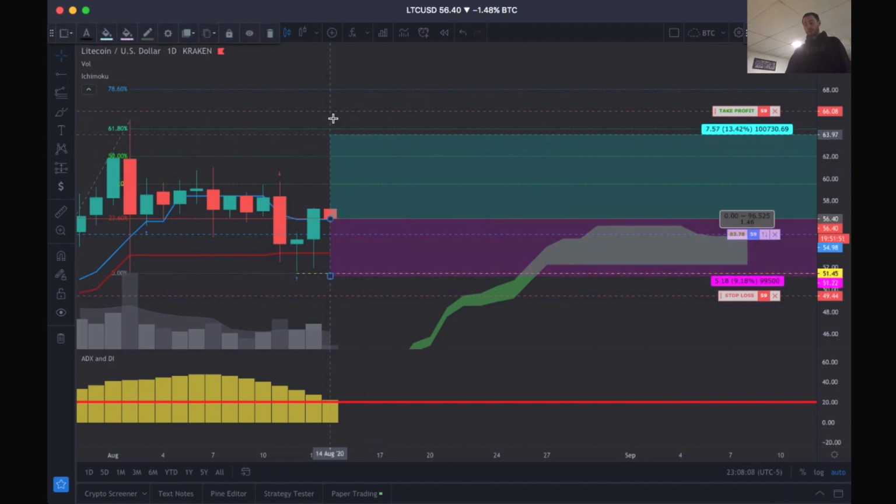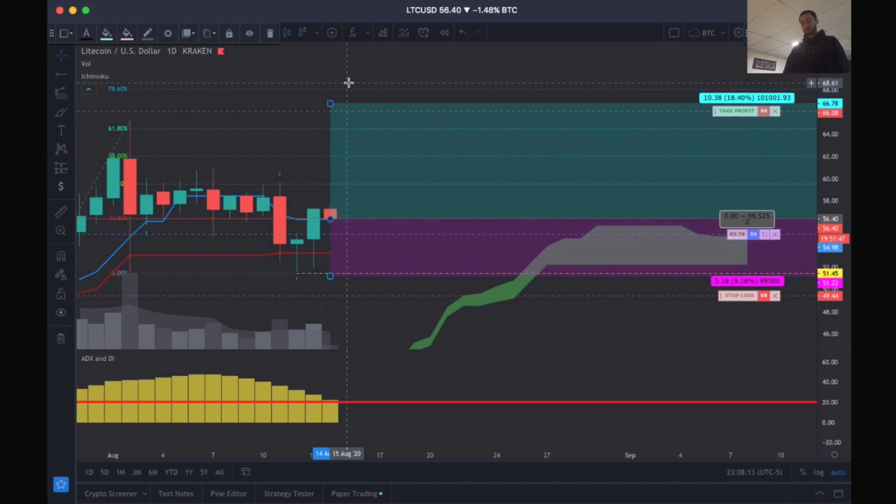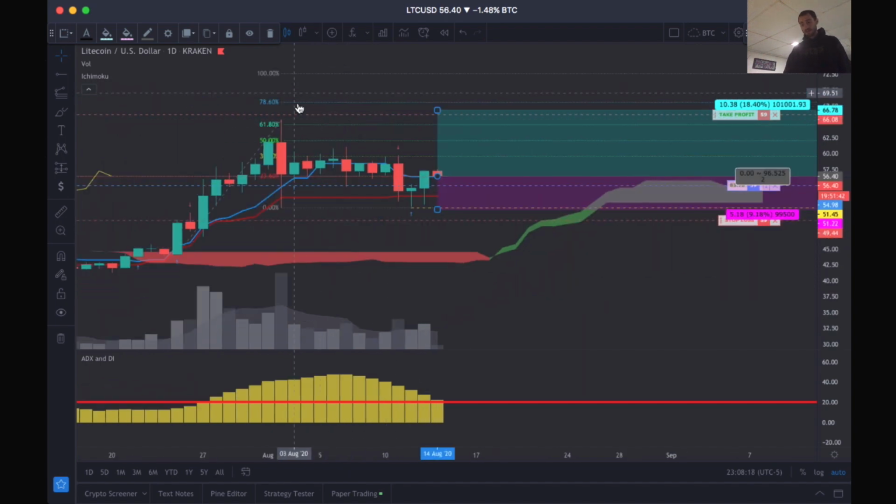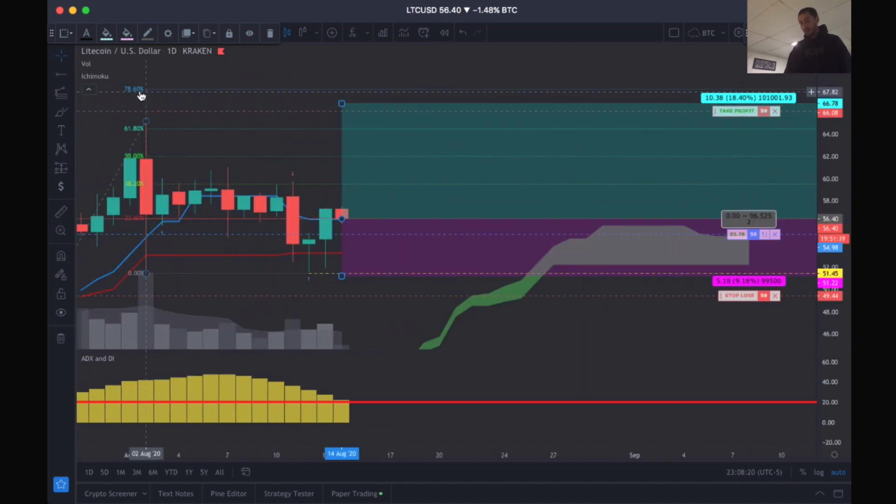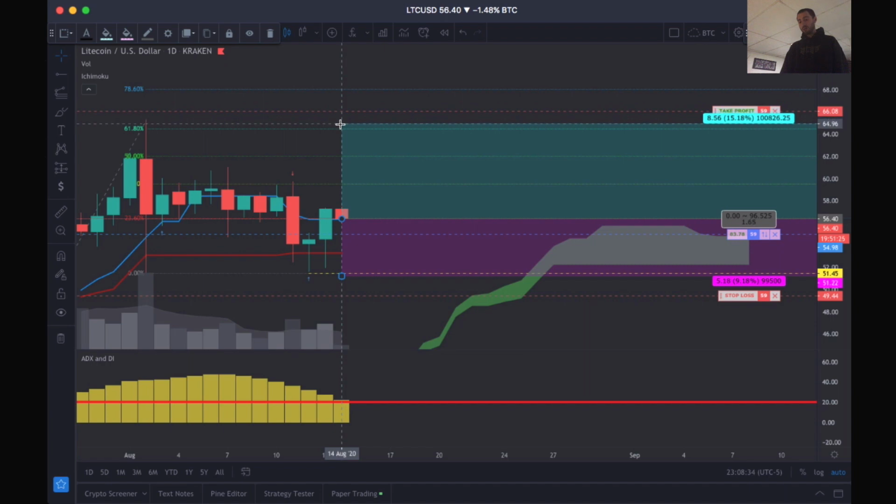So then I'm going to grab this and bring it right up to 2. And what's interesting is I've got this 78.6 line right here, and also we've got our highest high right here, and then the 61.8 line. So maybe what I might do is instead of putting my take profit line right here, what if I bring this down to the 61.8 line?